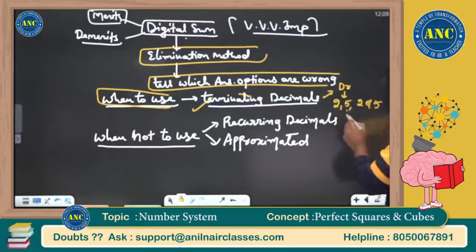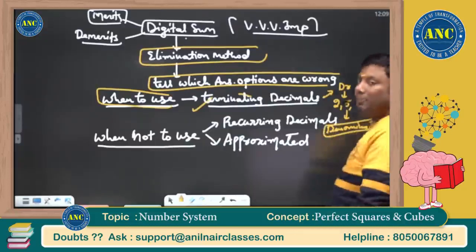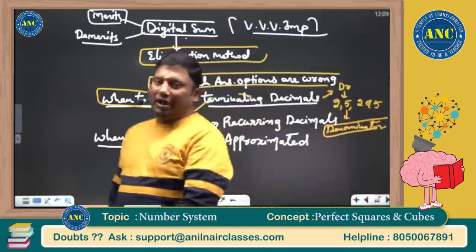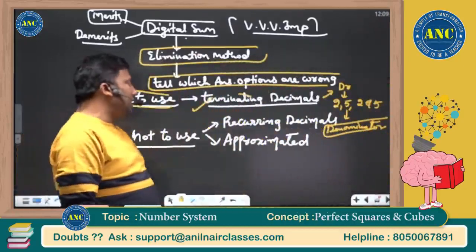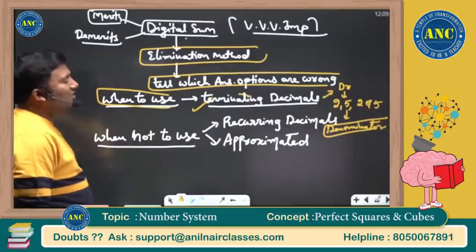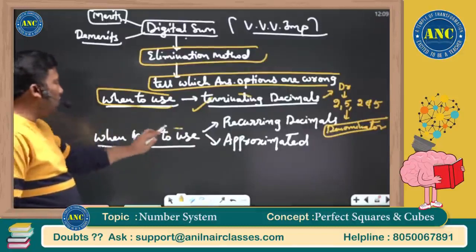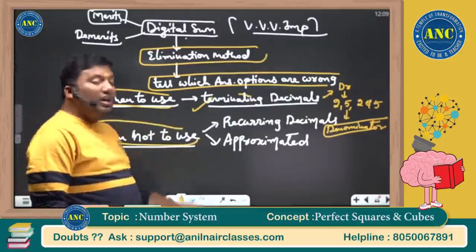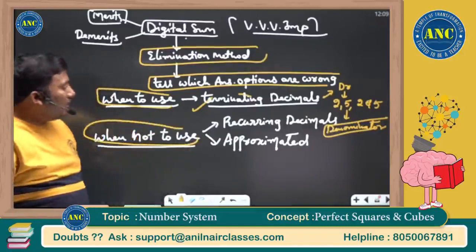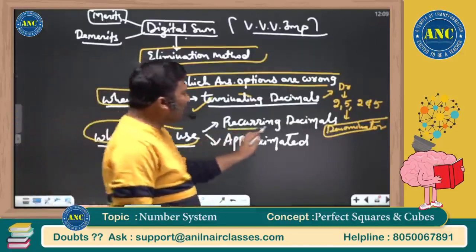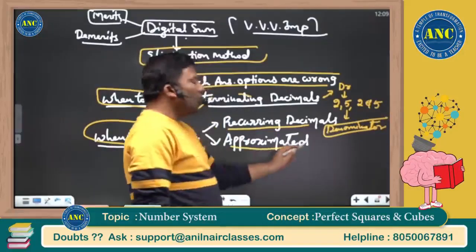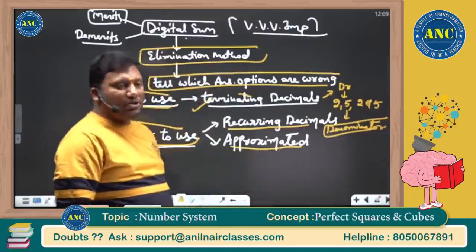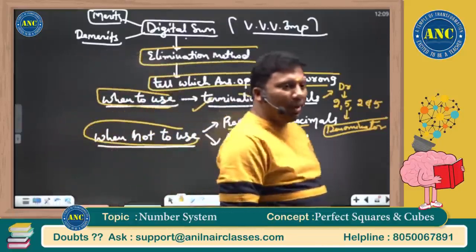Only if you can express the denominator as a power of 2, a power of 5, or a power of 2 and 5, then it will result in a terminating decimal. Otherwise, it is a recurring decimal. When not to use this concept: when the given decimal is a recurring decimal, or if the question is talking about approximation.